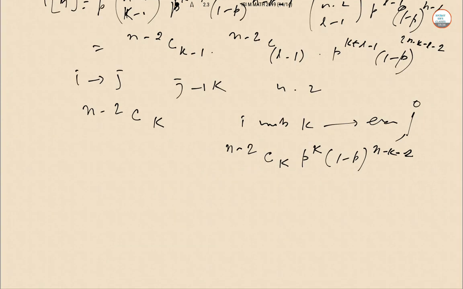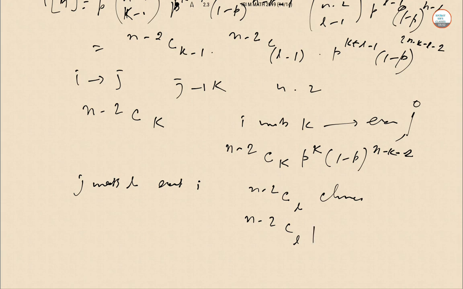Further, j meets l except i, so we have C(n-2, l) choices of persons. So the probability that j meets l except i is C(n-2, l) p^l (1-p)^(n-l-2).